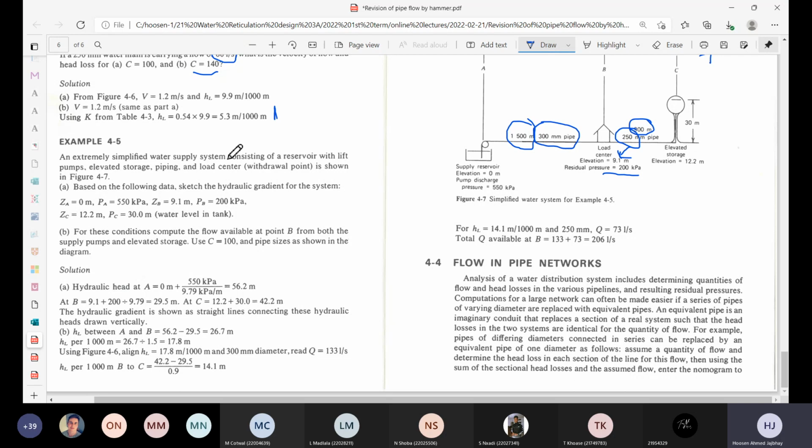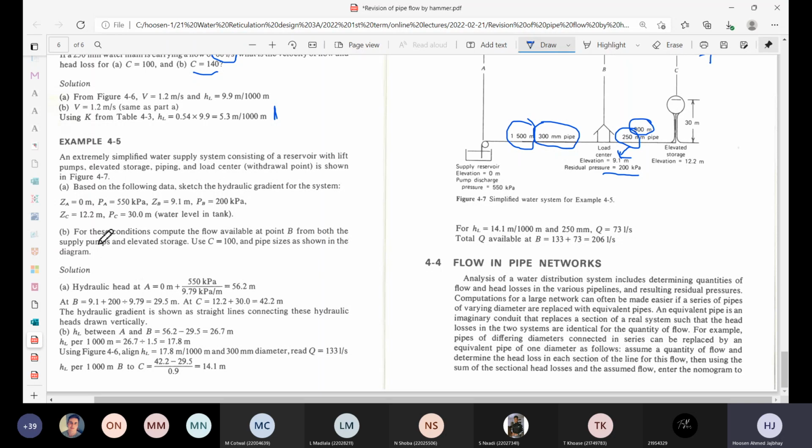That's why they just use the word load center. We're not describing what we're supplying the water to, whether it's a township, another reservoir, or a huge factory. That's the load point, where the water is withdrawn from those pipelines. That's what's shown in figure 4.7.